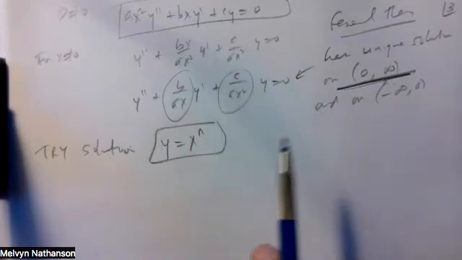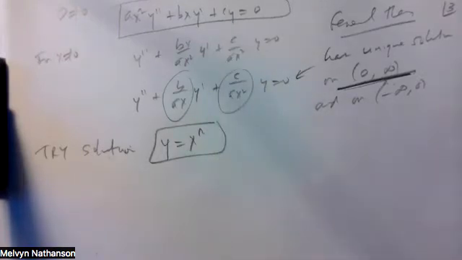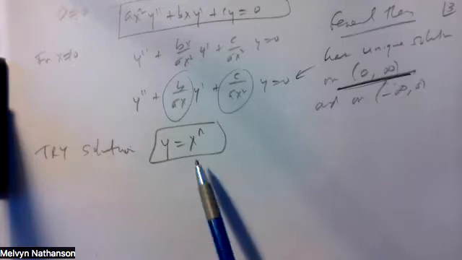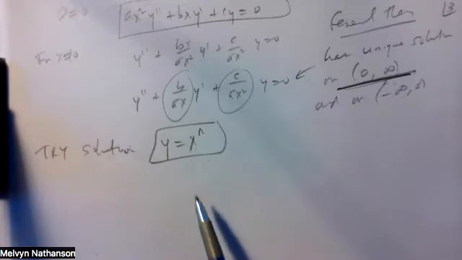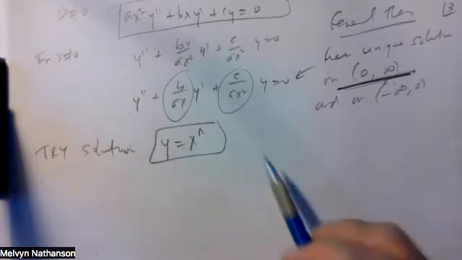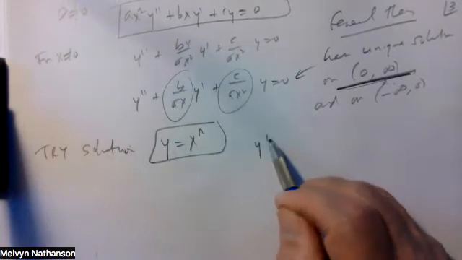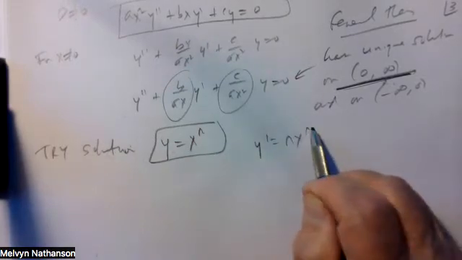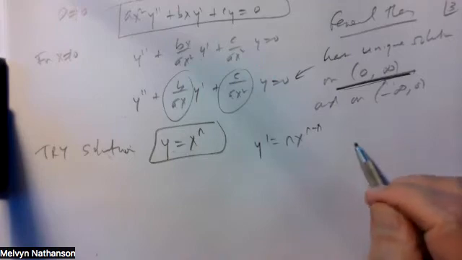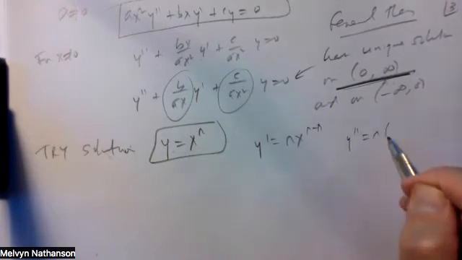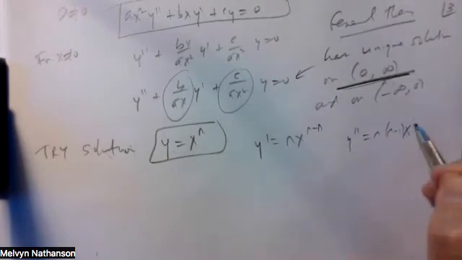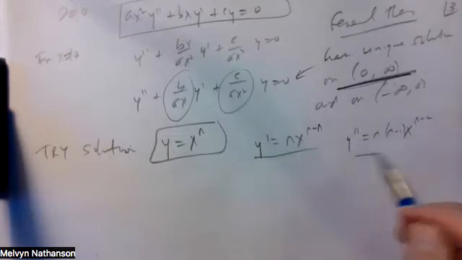In this case, we could try that, but nothing comes out very easily. We try just a power of x, and let's see what happens. If y is equal to x to the r, y prime is r x to the r minus 1. If you differentiate it again, you get r times r minus 1, x to the r minus 2.